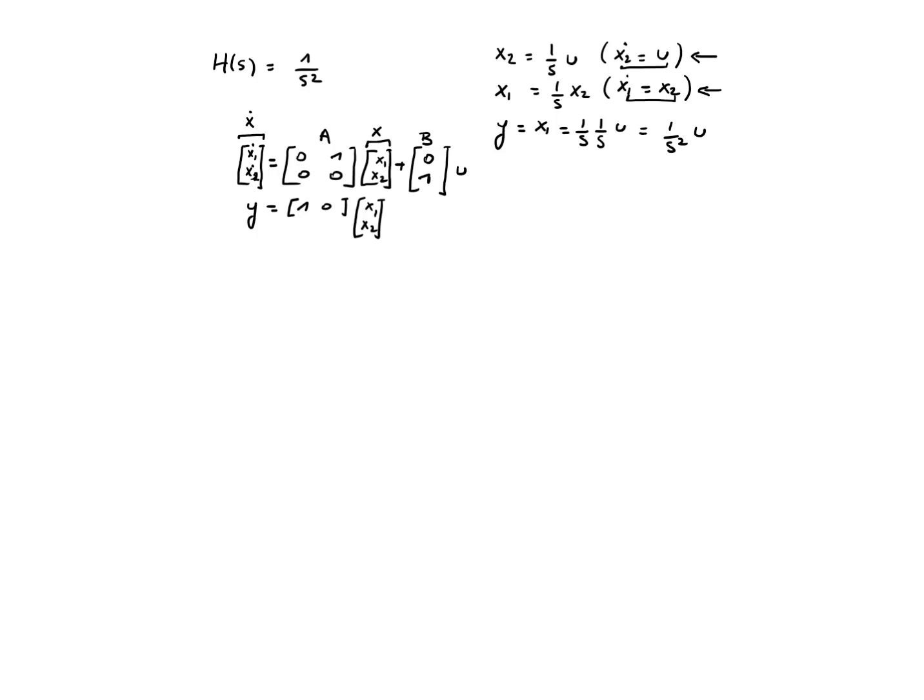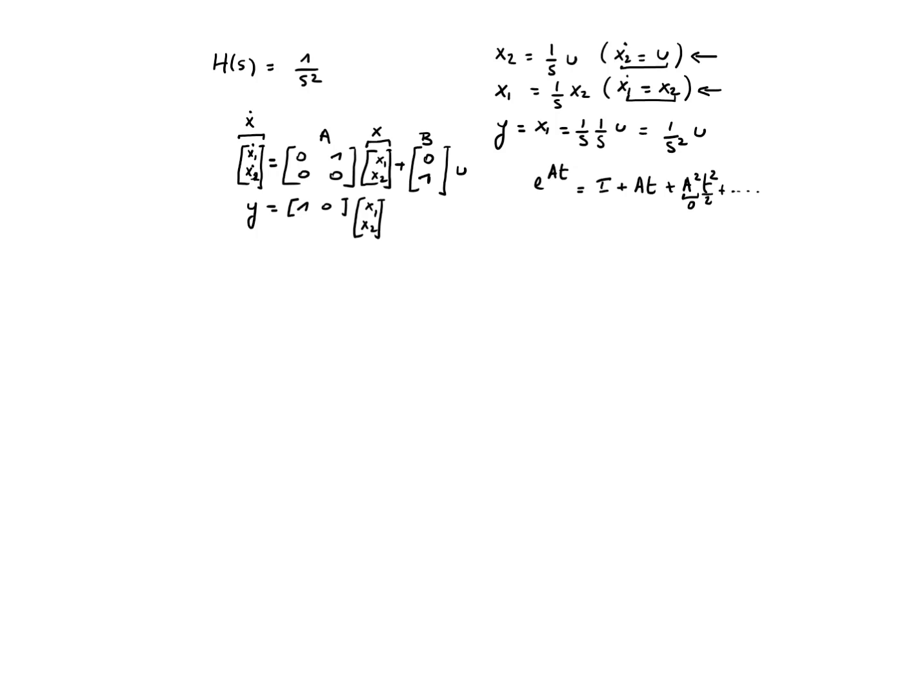So what we can now do is go to discrete time. What we'll need is the exponential of A t, right? And in this example you can use the definition, which is the identity matrix plus A t plus A squared t squared over 2, etc. But this one will be 0.